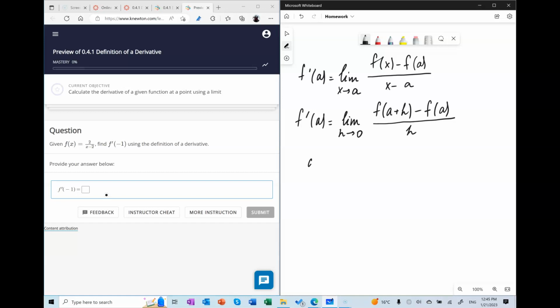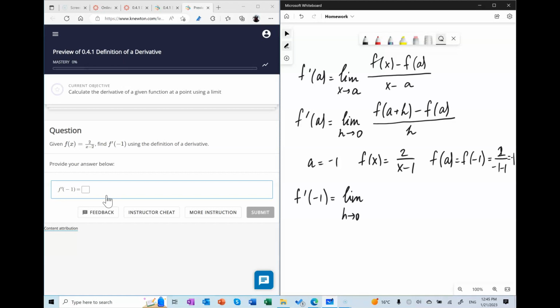Now in our case, a is equal to -1, and f of x is given to be 2 over x minus 1. So we're going to find the derivative at -1 as a limit as h goes to 0, and here we're going to plug in. Let's spell it out. What's f of a? f of a is f of -1, which is 2 over -1, so it's -2.